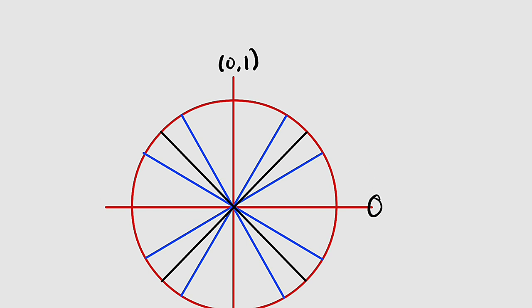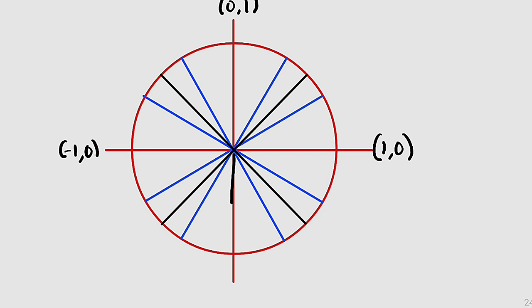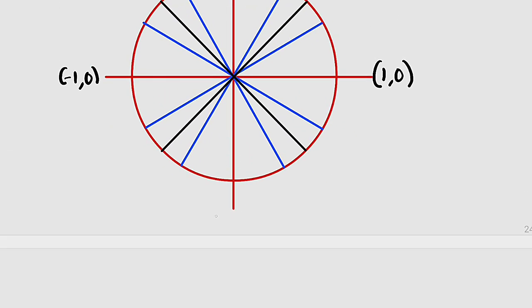At this point, x is 1 and y is 0, right? From here to here is negative 1. Therefore, x is negative 1 here and y is 0. If you come here, remember this is negative 1 of y. So x will be 0 at that point and y will be negative 1.